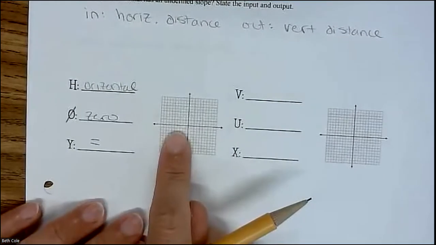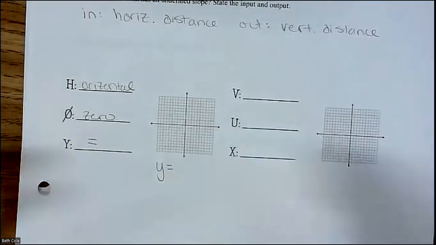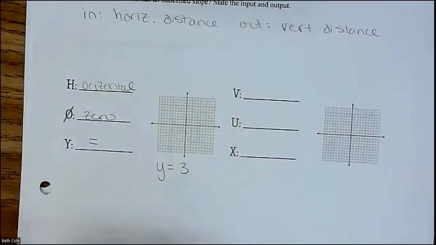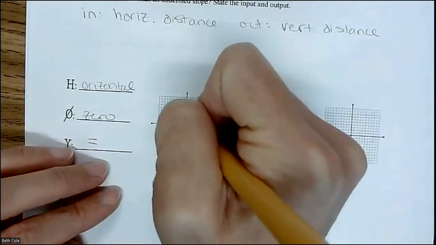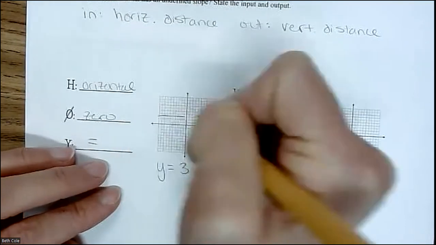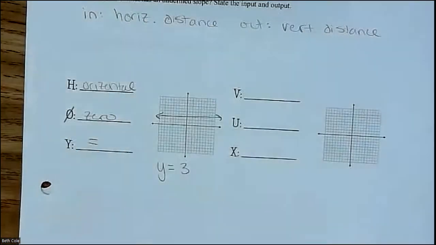I'm just going to make up one really quick. Give me a number between 1 and 5, like 3. So if your equation was y equals 3, it would be a flat line at 3 with a 0 slope. It would be a horizontal line at 3. That's your equation, y equals 3.